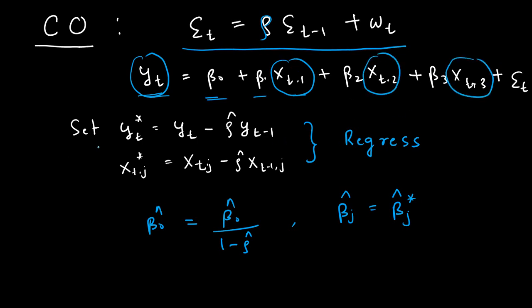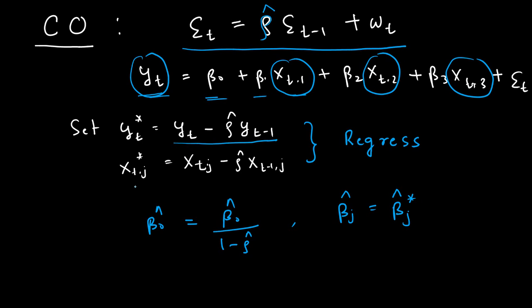How do we do the transformation? We say that yt star, which is a transformed variable, is equal to yt minus rho hat yt minus 1. Remember, we have already found out the value of rho, and that it is significant enough. So this is the transformation we are making on the dependent variable.